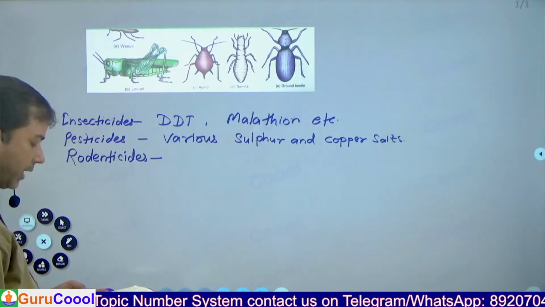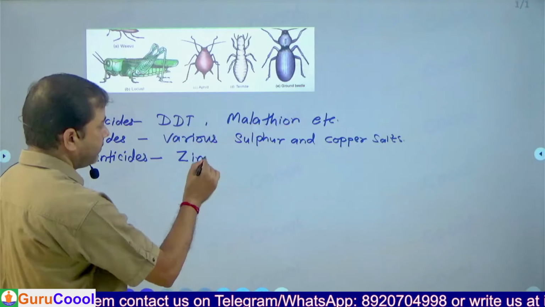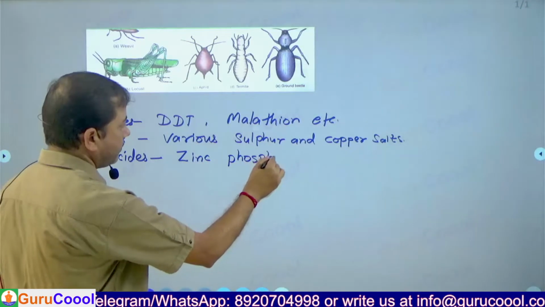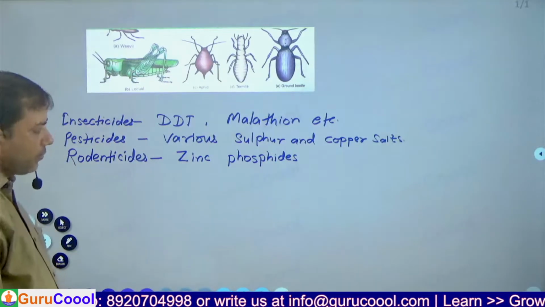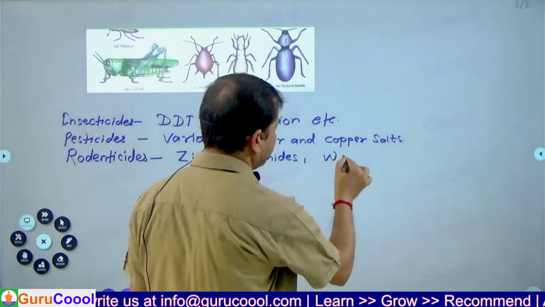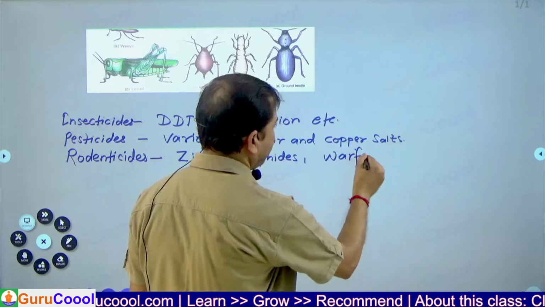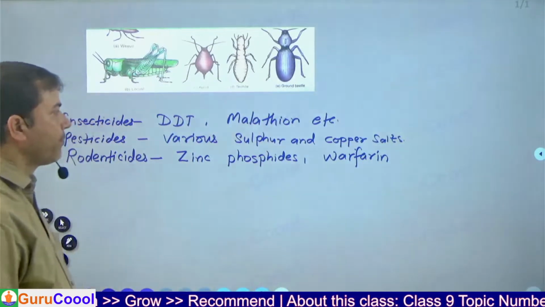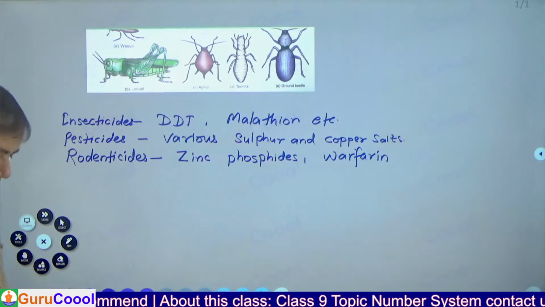So rodenticides are zinc phosphide, these are names of chemicals, zinc phosphide and warfarin. So for example, you can remember these names.